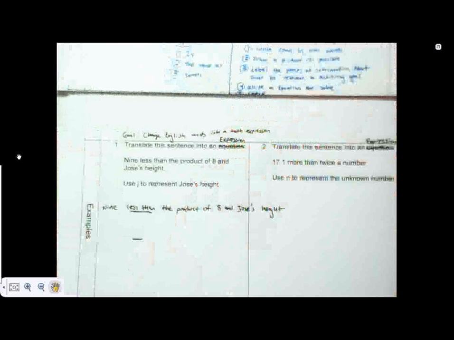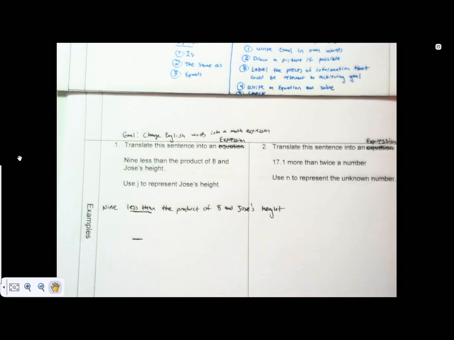So I want you to imagine a situation where I'm really hungry and I decide I'm going to eat 10 cookies. And then my brother comes along and says, that's not that many. I had 2 less than you had. Well, if I had 10 cookies and my brother had 2 less than I had, how many cookies did he have?